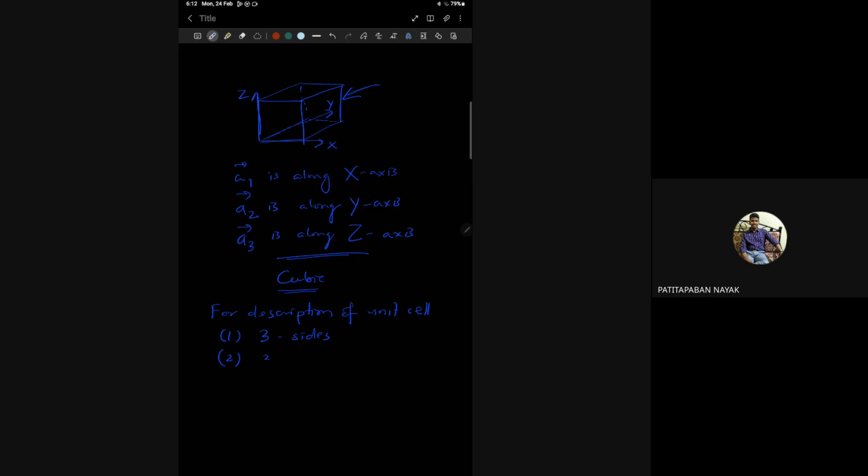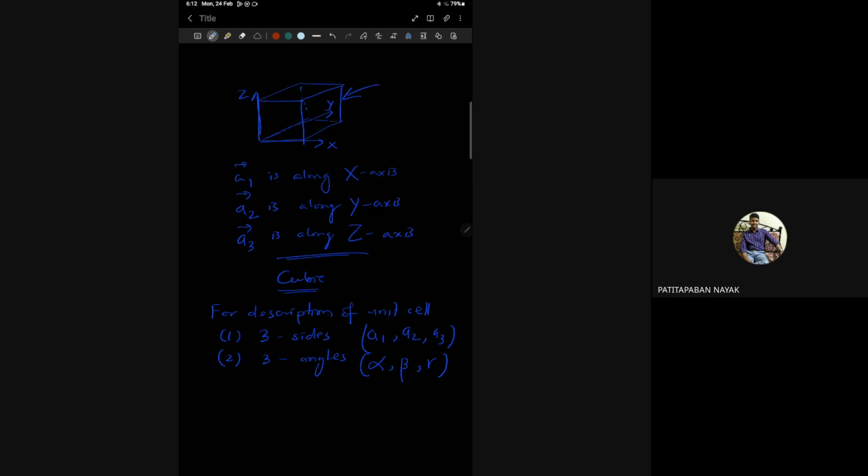Second thing we need is three angles between the sides. So three sides, that means a1, a2, a3, and angles alpha, beta, and gamma.